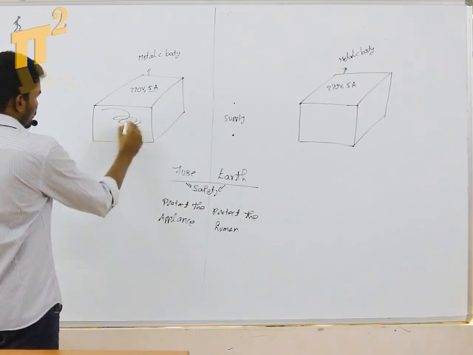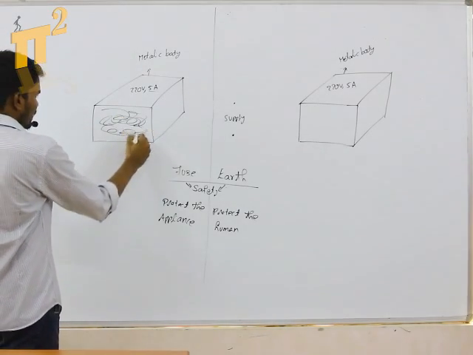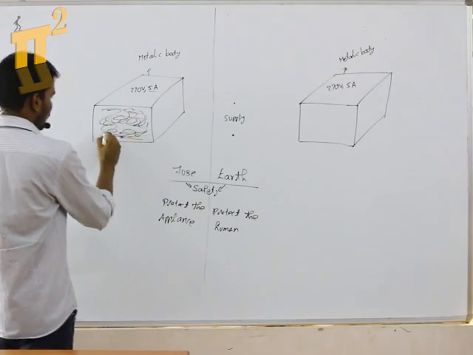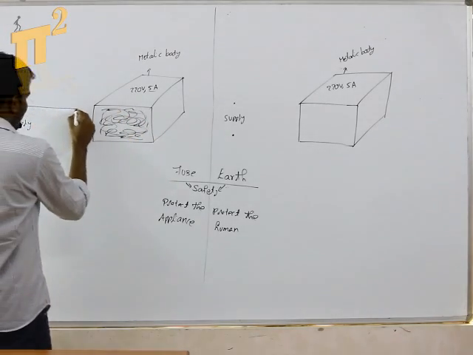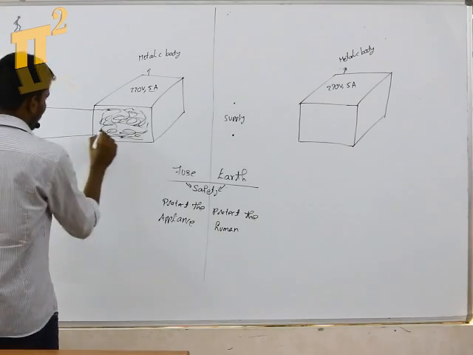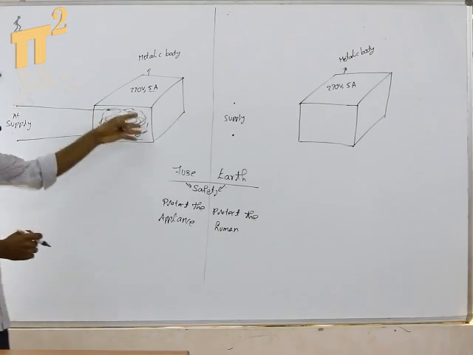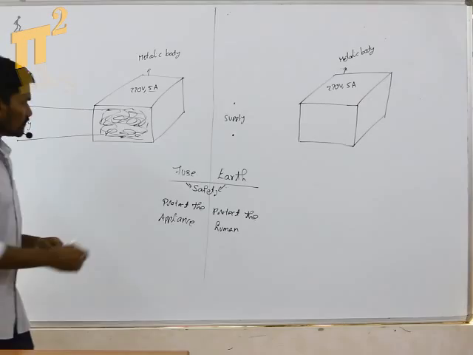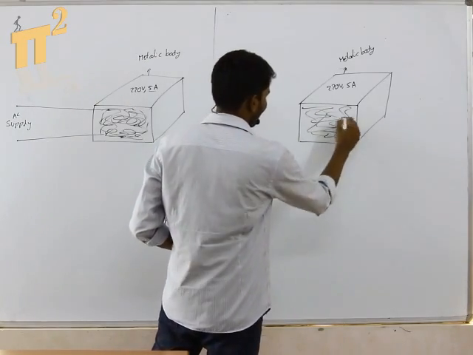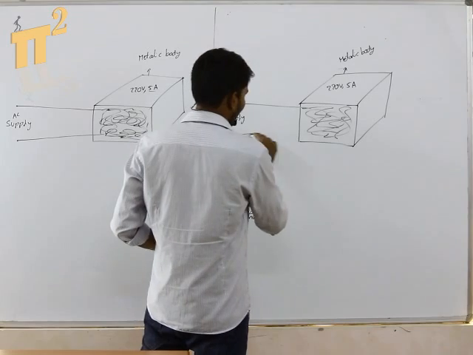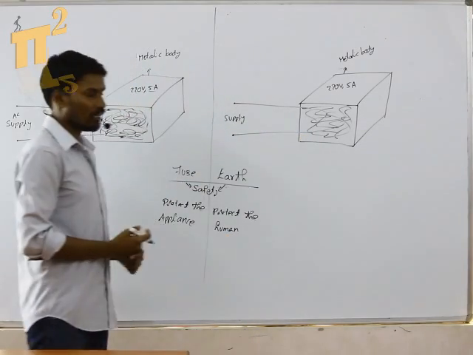There is some coil, suppose some winding is there, some electrical connections are inside this appliance. I have given an AC supply to this, and some internal connections are there. Likewise here also, there is some internal structure. So power supply is given to the appliance.